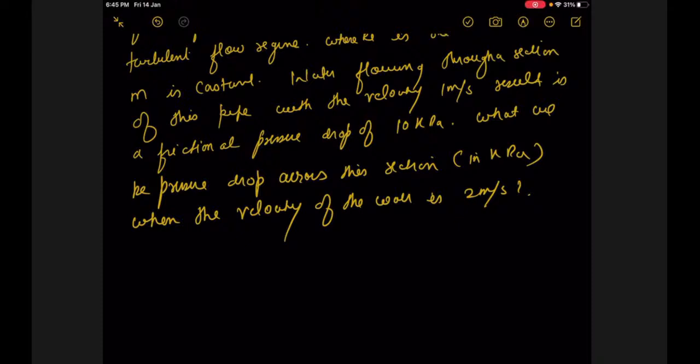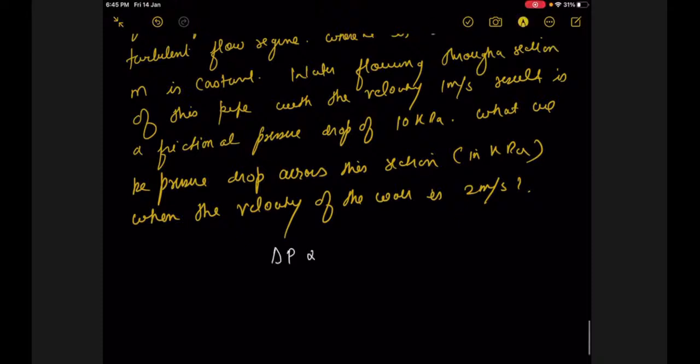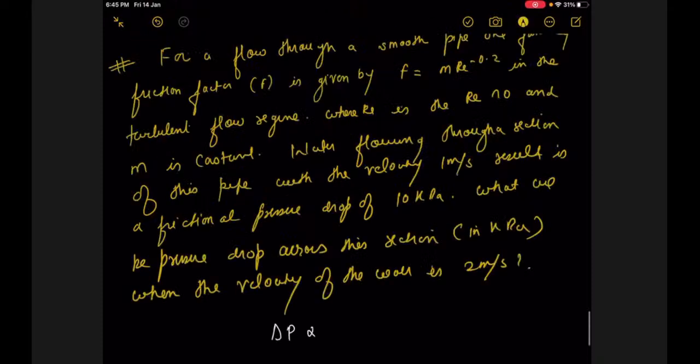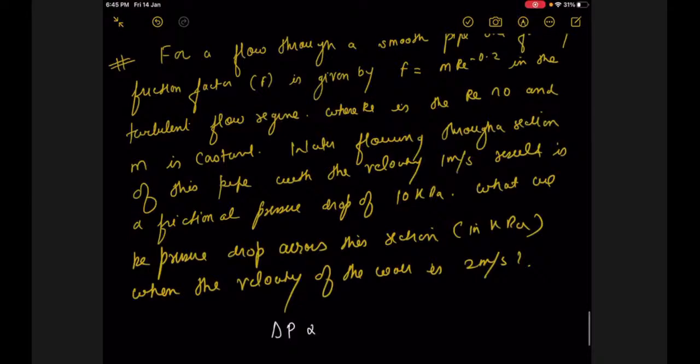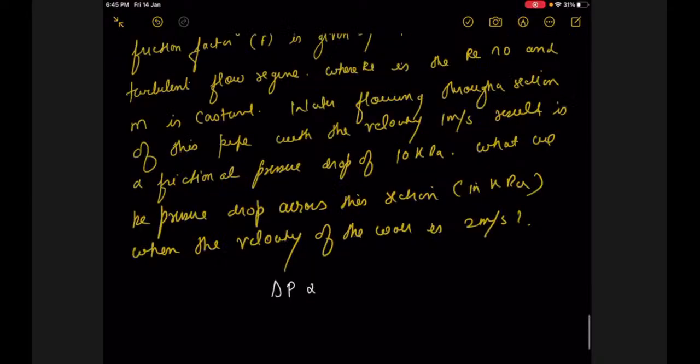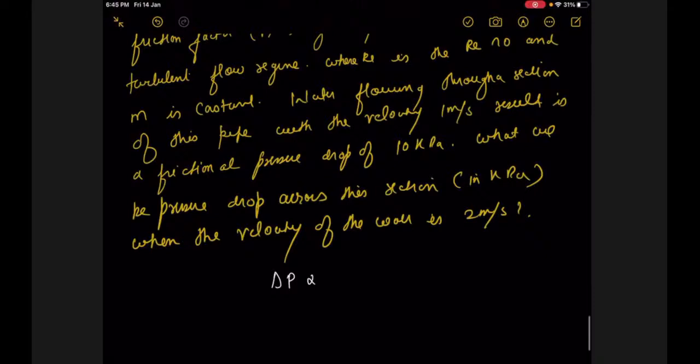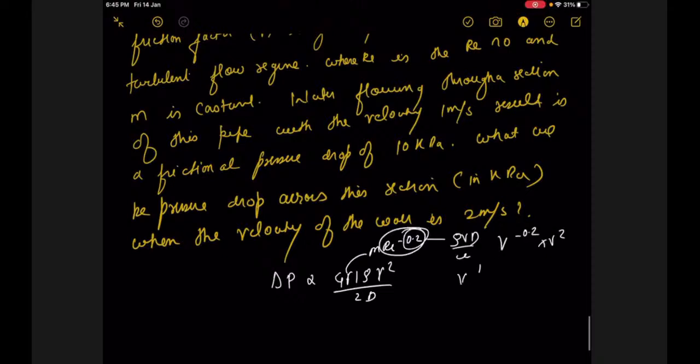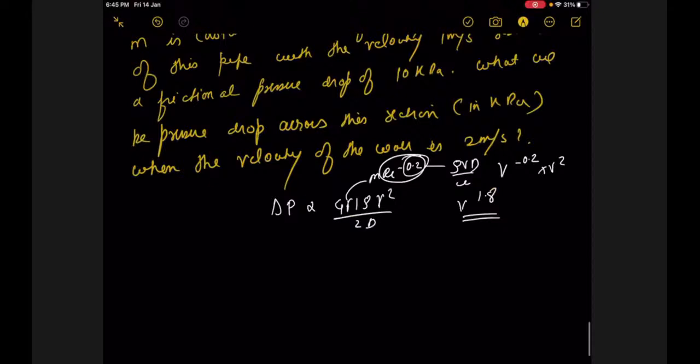So if you see here, delta P is proportional to 4 F L rho V square by 2D. And here F is M RE to the power minus 0.2, into V square. So the power of V will be 1.8. So here we can say that delta P is directly proportional to V to the power 1.8.